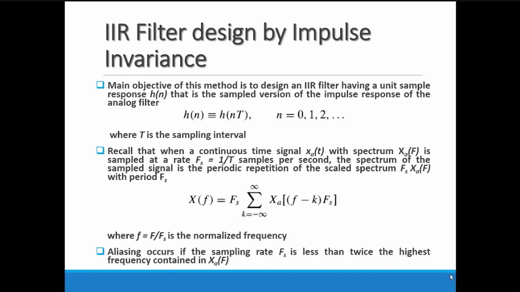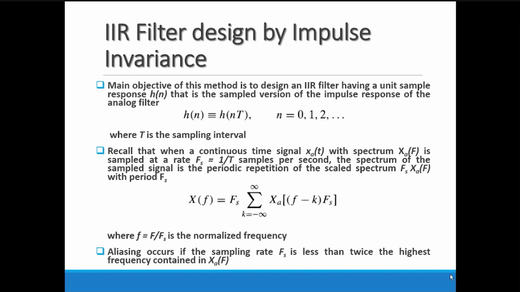So when you apply this type of sampling, the spectrum of the sampled signal is a periodic repetition of the scaled spectrum. So you are getting the periodic repetition of the scaled spectrum, that is Fs into X_a(F). So you are multiplying the sampling frequency with the frequency spectrum of the analog signal, with period Fs.